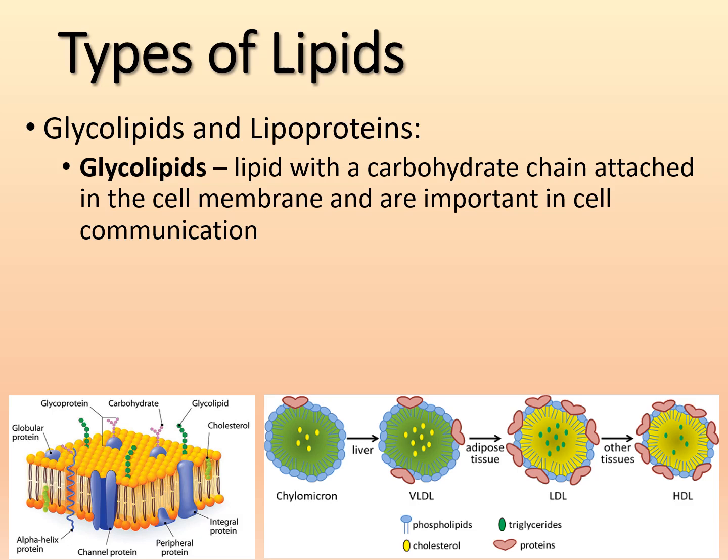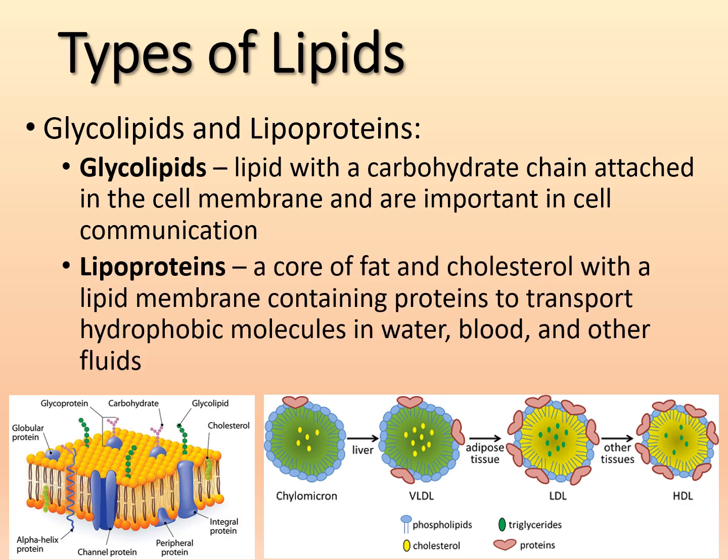So we have glycolipids, we have glycoproteins as well. So these guys just are a chain of carbohydrates sticking up out of the cell membrane. So it helps to tell the different cells what type of cell they are. Like, it's good for cell identification and things like that.